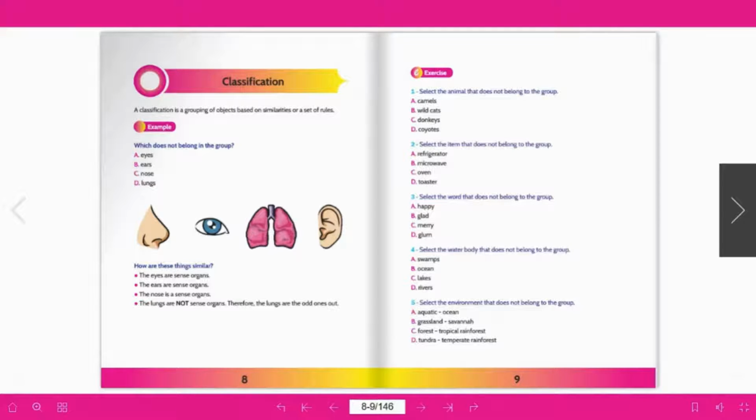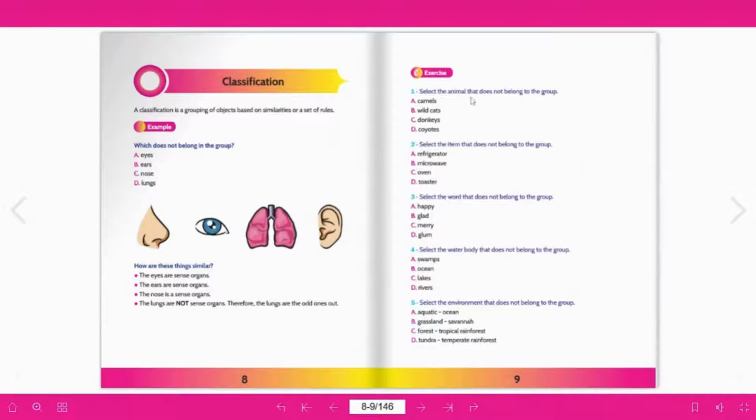The nose is a sense organ, and the lungs, that's not a sense organ. So the lungs would be the odd one out. Okay. So for this particular example, you notice you have 3 sense organs and you have 1 which is not a sense organ. All right, so we move on to our exercise.